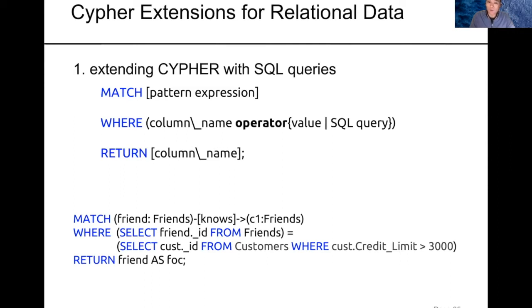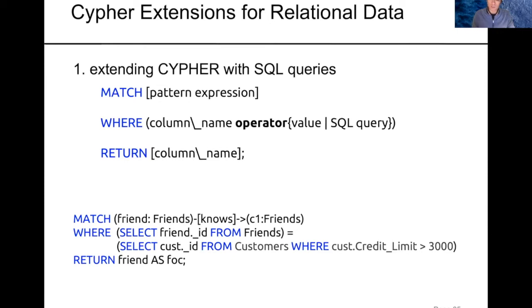Actually, in the WHERE clause, you can extend the variable in the filtering condition to support columns, and you also implement operators that can make comparisons between the variables of the traditional Cypher and the value from the query result of the SQL query, right?